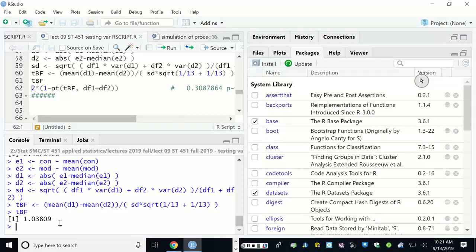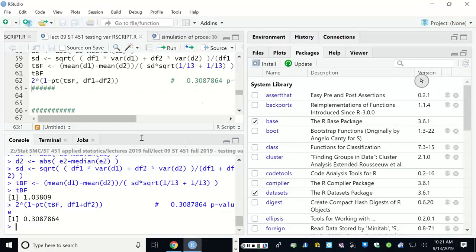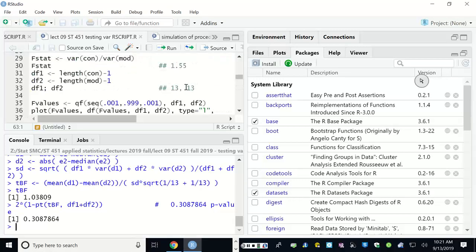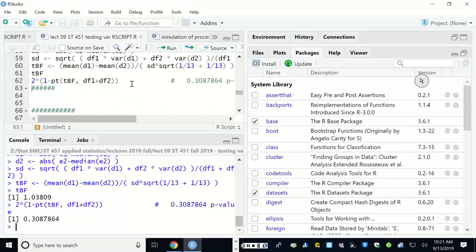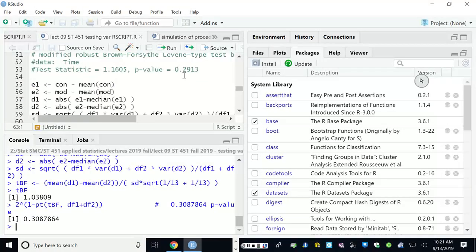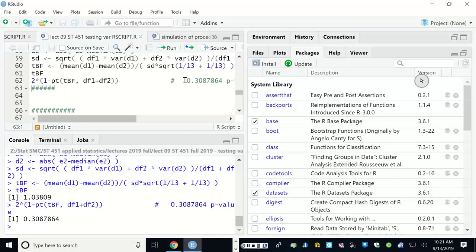I have to dig into it in a little more detail. But essentially we get the same p-value. I got 0.309, and they got, what was it? That's that one. They got 0.29, and I got 0.3031. So I'm not totally sure what the difference is, so maybe there's a little bit of difference in how that modified Brown-Forsythe one is done in R versus my interpretation of how the command is done, but it's essentially the same message.